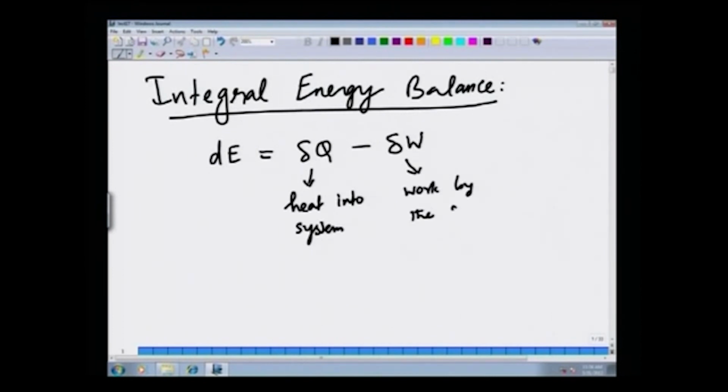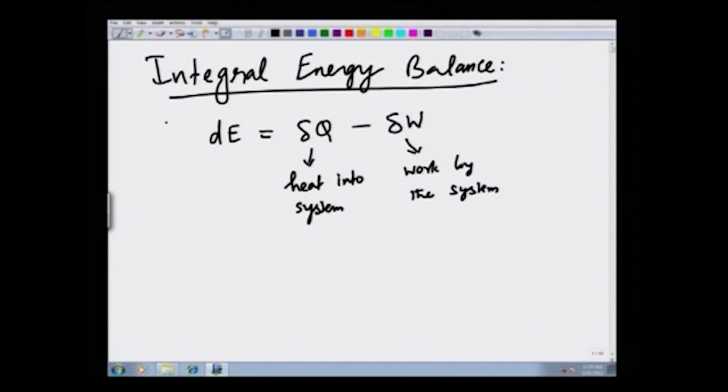This is the sign convention that we use, that the work done by the system on the surroundings is positive, and the work done by the surroundings on the system is negative. That is a sign convention that is normally used in engineering thermodynamics.